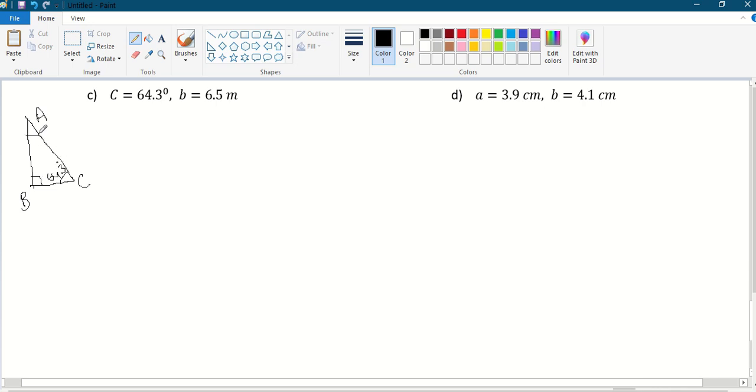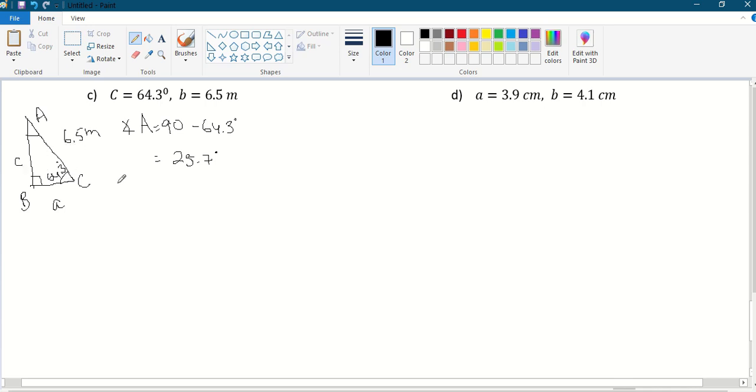Angle A is unknown. Side length B is 6.5 meters. A is unknown, C is unknown. Because we are given one angle, we can quickly find angle A to be 90 subtract 64.3, which is 25.7 degrees.